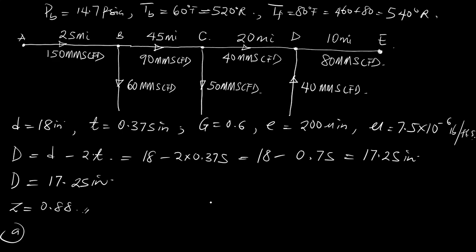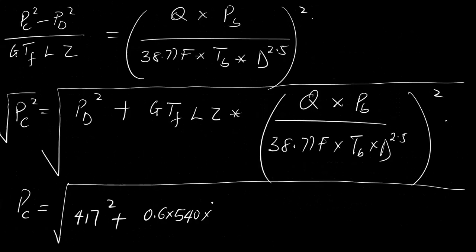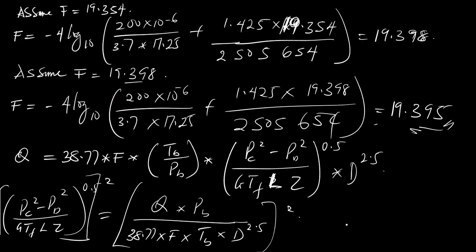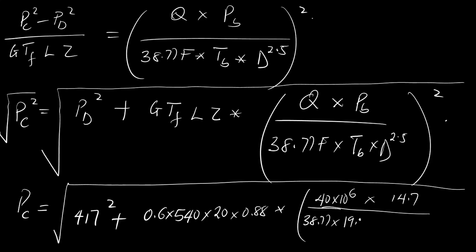So we're going to use 20 miles times 0.88 gas gravity times bracket the flow rate, which is 40 times 10 raised to power 6 standard cubic feet per day, times the base pressure 14.7 divided by 38.77 divided by F, which is 19.395, divided by the base temperature 520 divided by 17.25 raised to power 2.5, all squared.